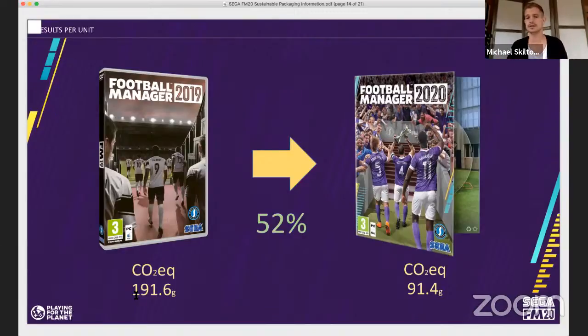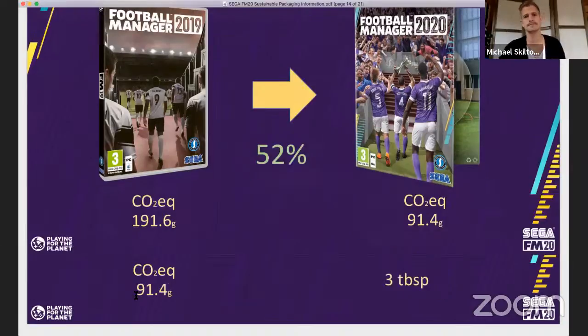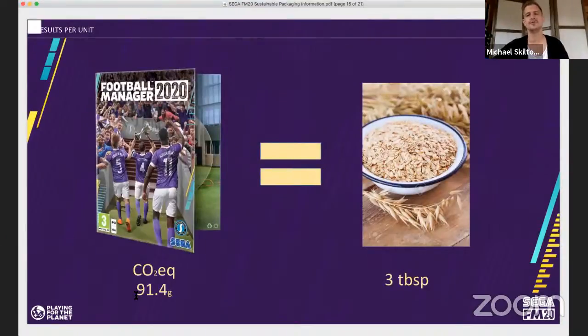So you've actually reduced it by more than 50%, which is a fantastic reduction. So what would that look like? Well, actually, the production of this particular case is equivalent to the rearing and growth and distribution of 3 tablespoons of oats. So just to give you an example of how closely related those two things are.